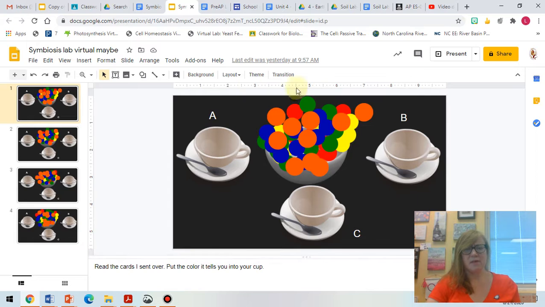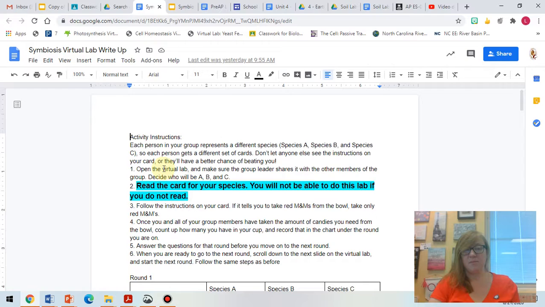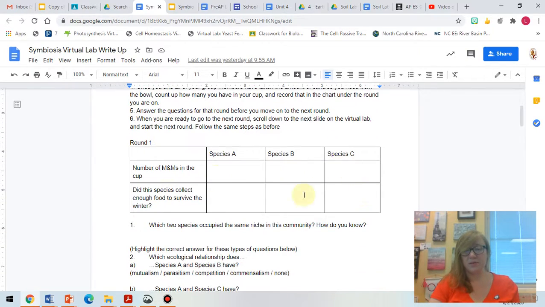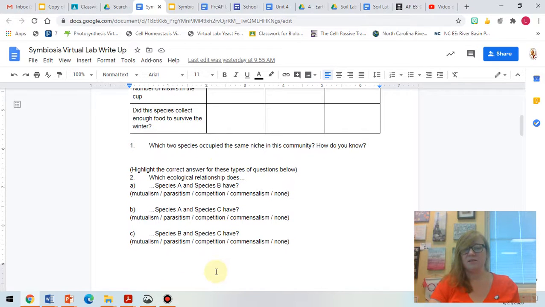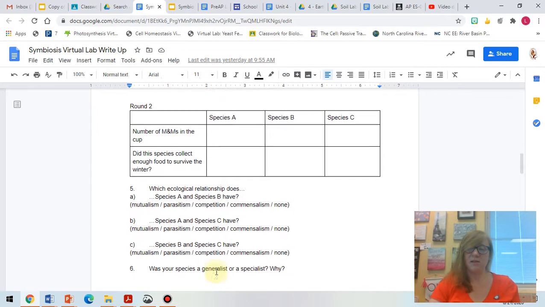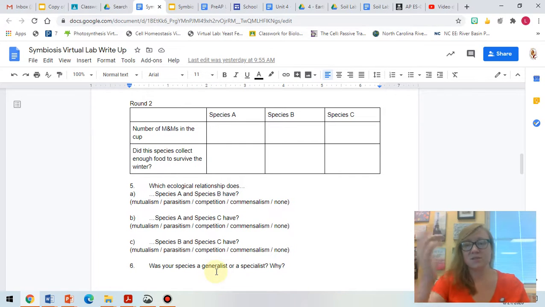So what I have on the screen right now is the virtual lab. There are 4 rounds to the virtual lab, so you can see that there are 4 slides, 1 for each round. You also have a write-up that gives you the instructions, a table to put information for each round, and some questions to answer for each round, so you get the idea of what's going on.